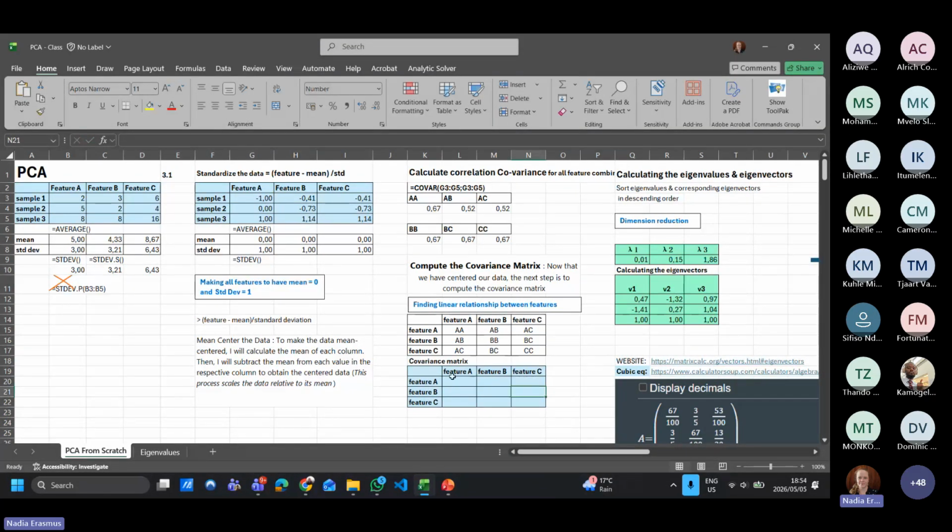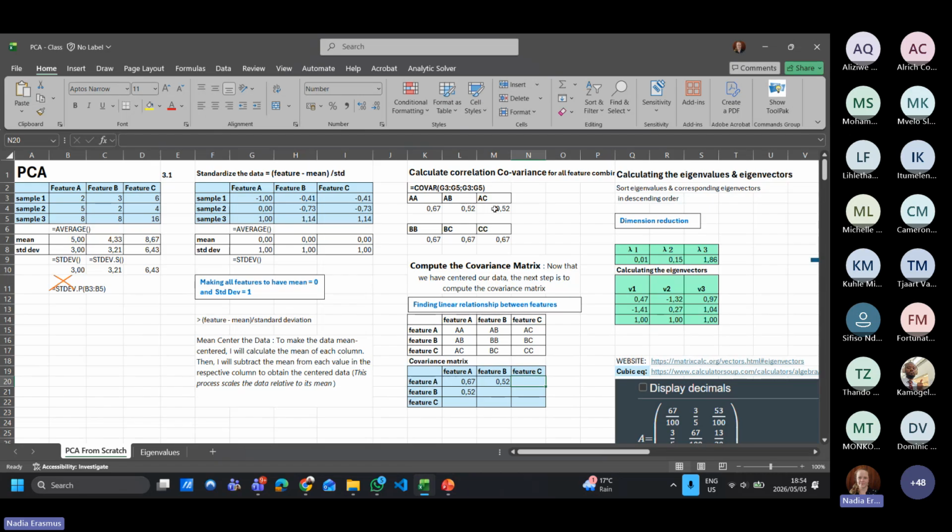Okay, so this is important. I'm just going to say equals to A, or you can just type it out. So you have A and A is 0.67, B and A, so A and B and B and A is the same, 0.52 and 0.52.